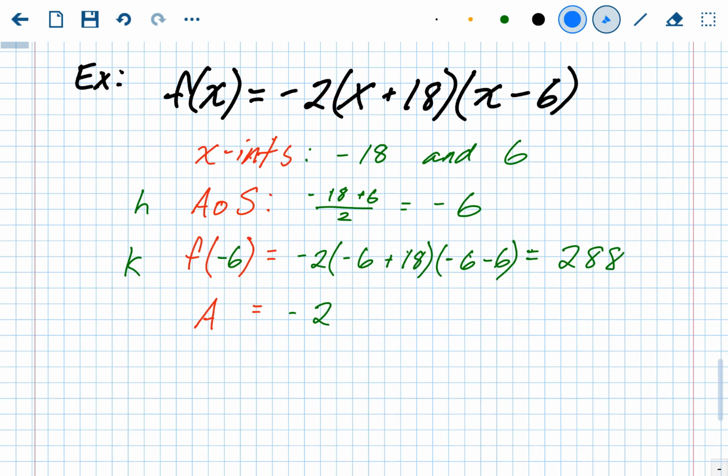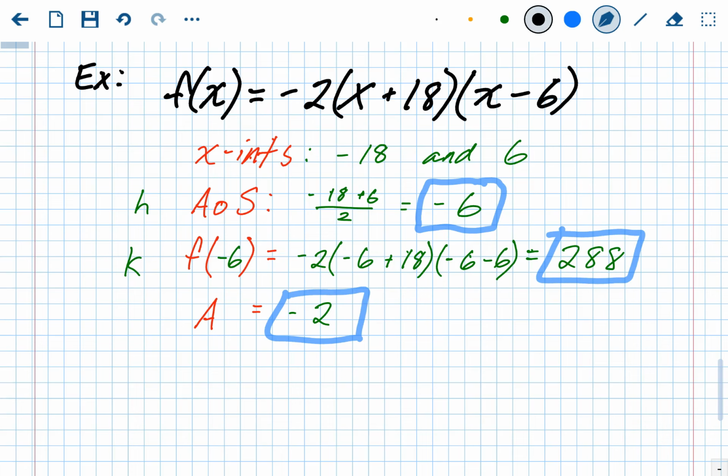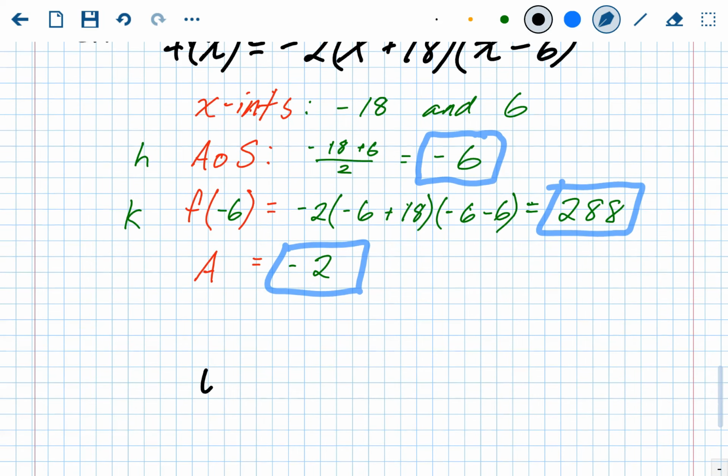Now again, these are the pieces we need. We need the h, we need the k, and we need the a. Put it all together. y equals, or f of x equals, I use them interchangeably, negative 2 times x minus h.